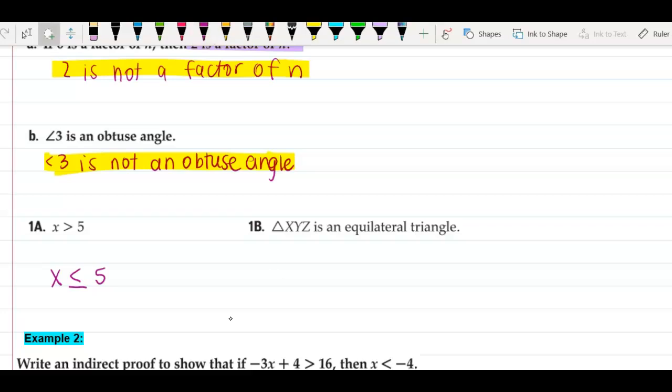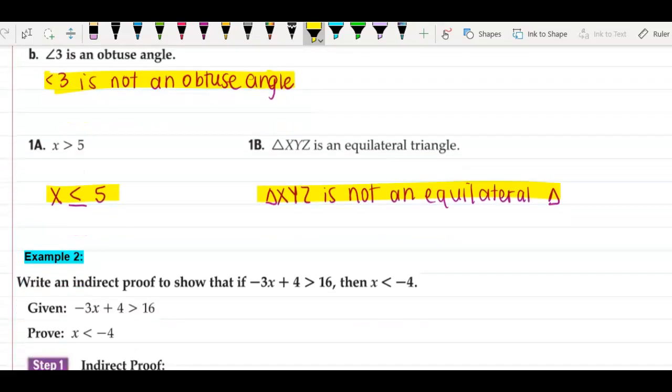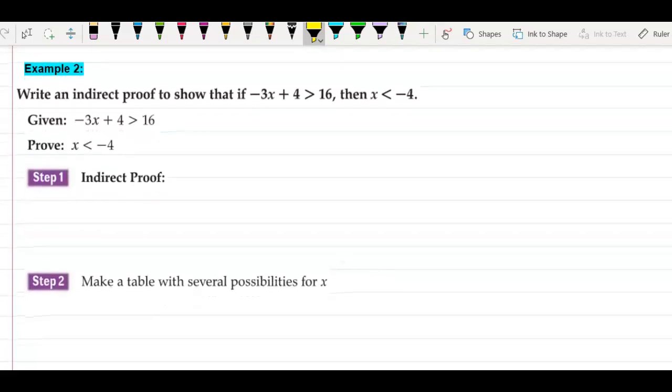Last one: triangle XYZ is an equilateral triangle, so the negation is triangle XYZ is not an equilateral triangle. That's how to write a negation. Those are how we write our assumptions to start.